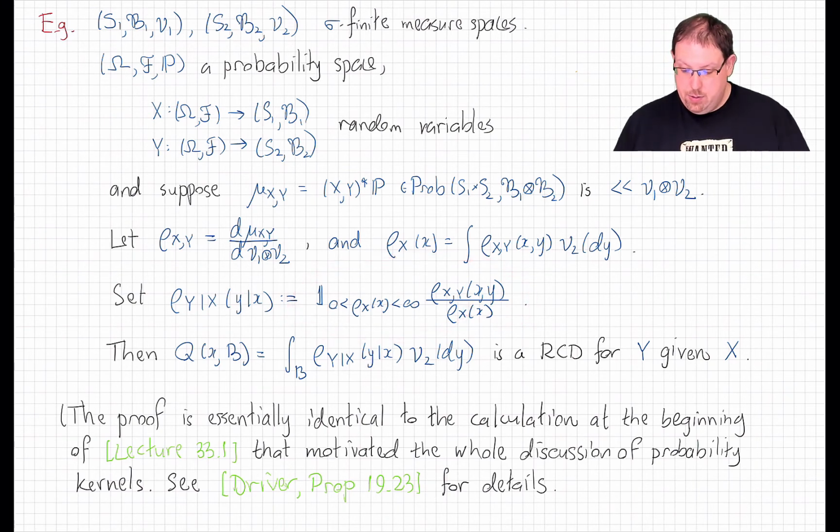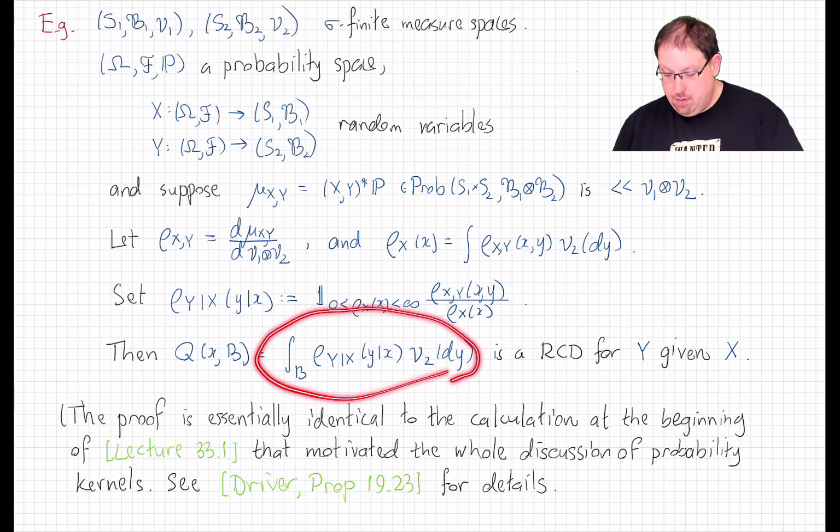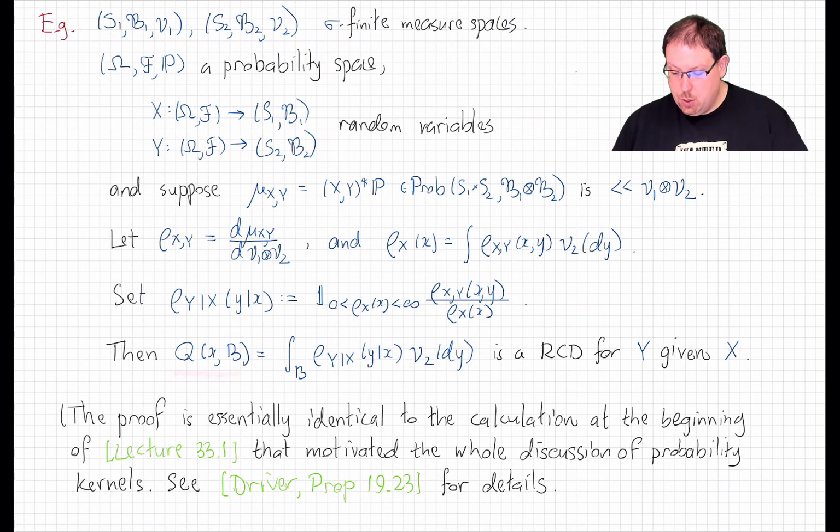Then, if we use that conditional density as the density for a probability kernel, in fact, that probability kernel will be a regular conditional distribution for y given x. And the proof of that is almost literally exactly the same as the proof that we went through at the beginning of the last lecture in order to motivate this discussion.